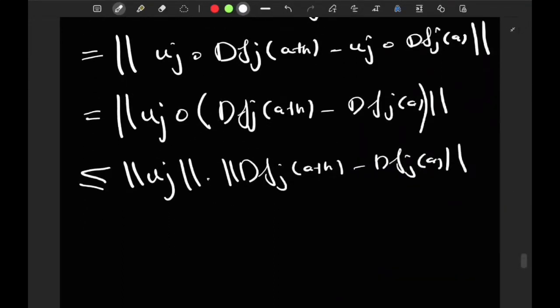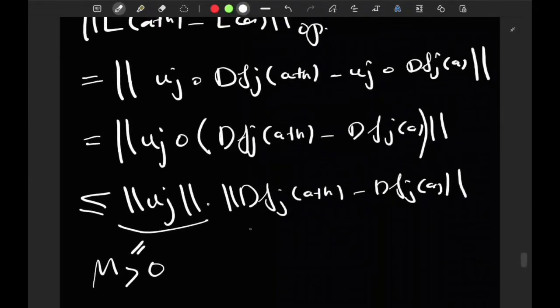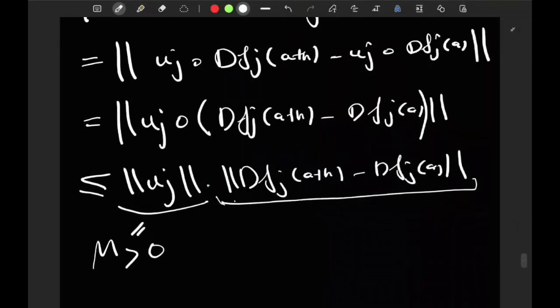Now uj is fixed, and its operator norm is certainly bounded. It's some positive constant for all our purposes, because uj is not the 0 map, but we don't care. Here I have something which is actually going to 0. Why?